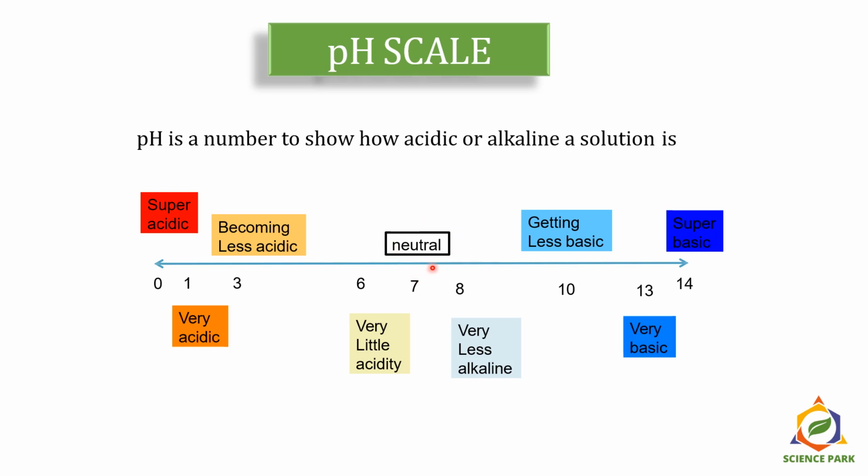As you pass 7, basicity goes on increasing. So after 8, 9 is here. Sometimes some substances or solutions show us a shade of pH paper between this blue and this very faint blue. The pH is then 9. So on and so forth.